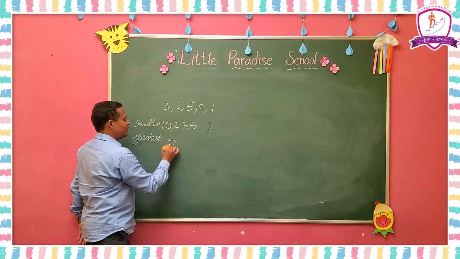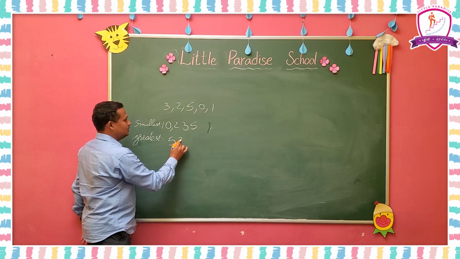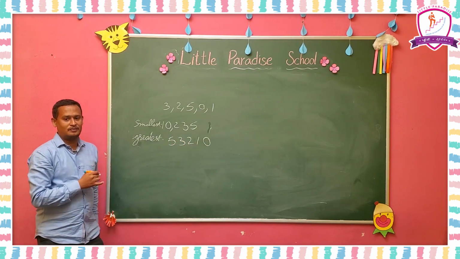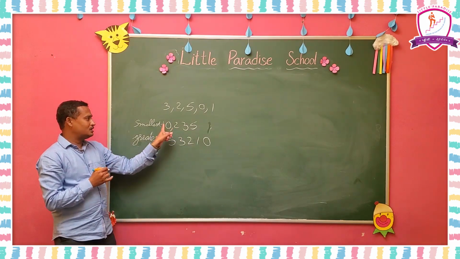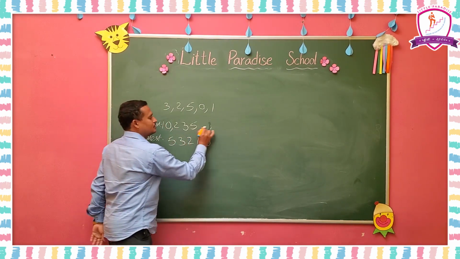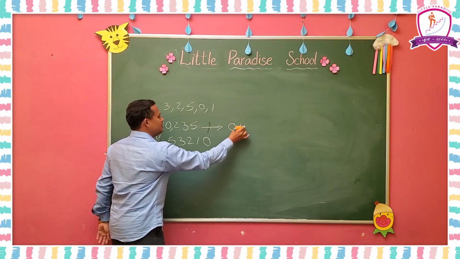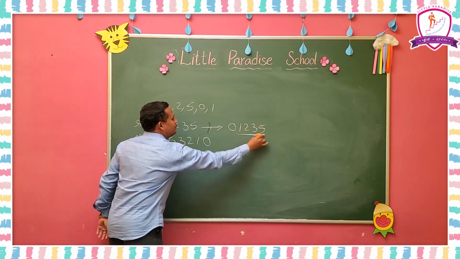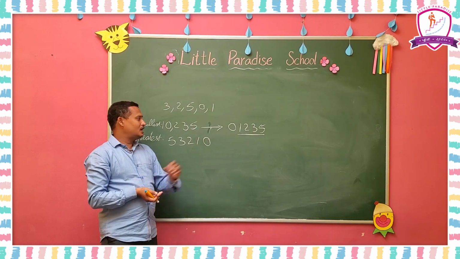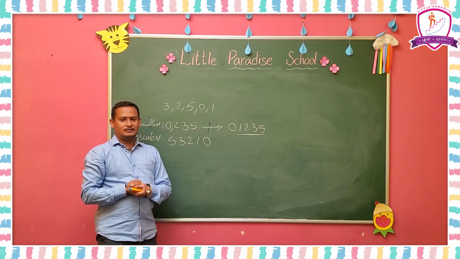So the biggest number is 5, then 3, then 2, then 1, then 0. 0 you can write in the last, no problem. But you should not write 0 in the first. If you write 0 in the first, what will happen? It will become a 4-digit number. There is no value for 0 if the 0 is in the first. Okay.